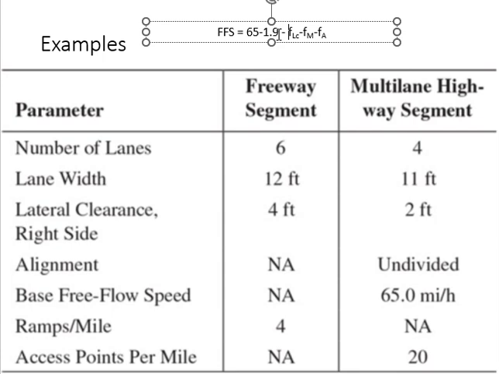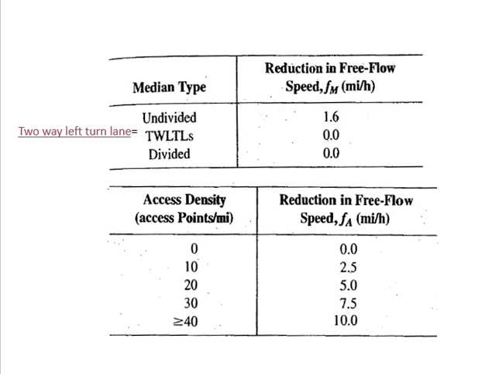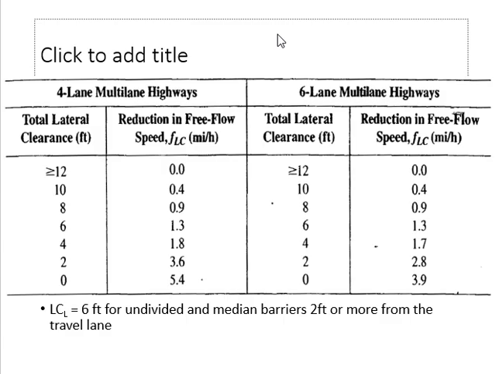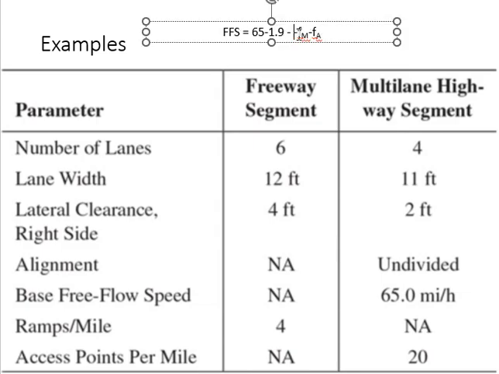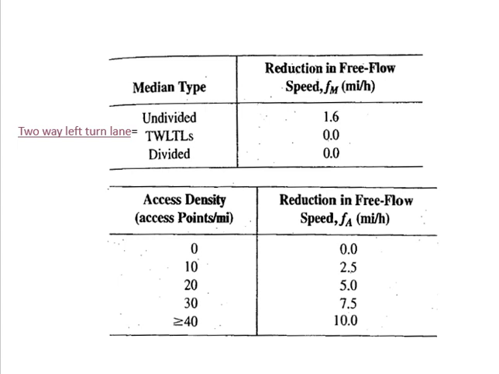So right now it is 2 on the right hand side, and the left hand side I will take as 6. So the total is 8 and it is a 4 lane highway. 4 lane highway, 8 feet clearance: the factor is 0.9. Median type undivided, so the factor is 1.6.